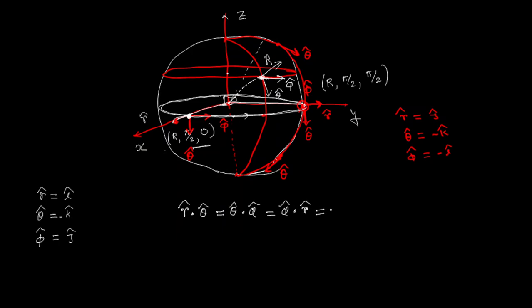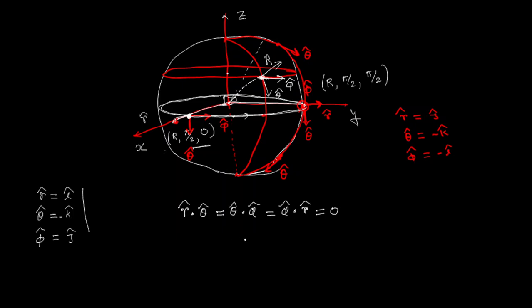In all the cases you will get 0. That means r cap, theta cap, phi cap are all unit vectors, but their mutual dot product is 0. That means they will always be mutually perpendicular with each other. And from this figure also we can see here, i cap, j cap, k cap are all perpendicular with each other.